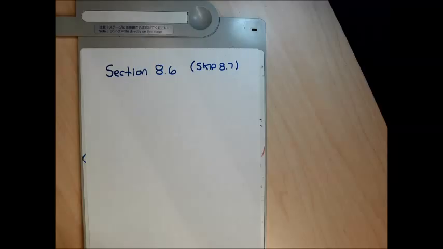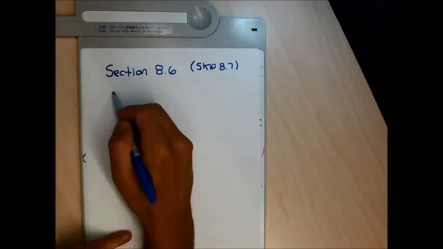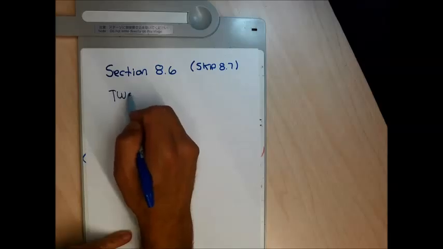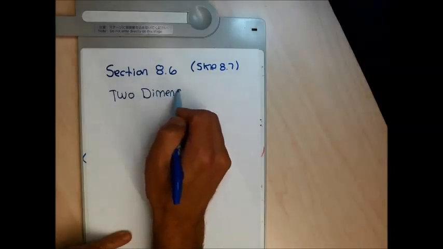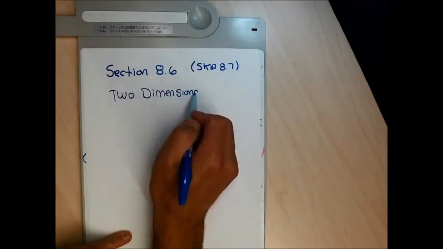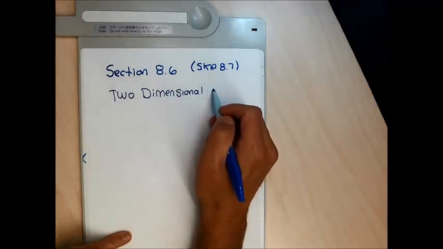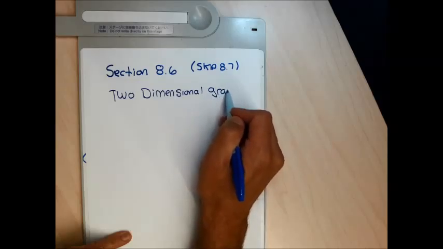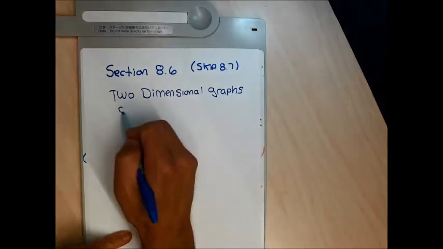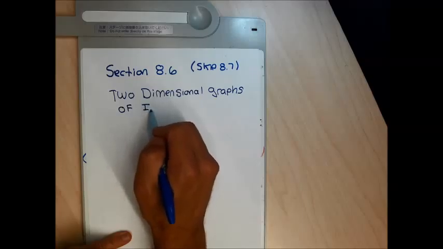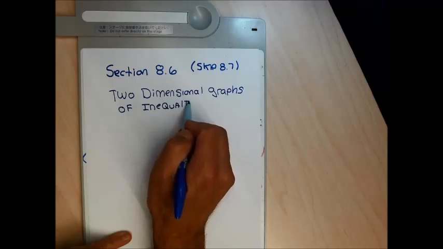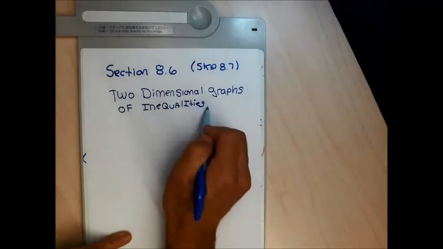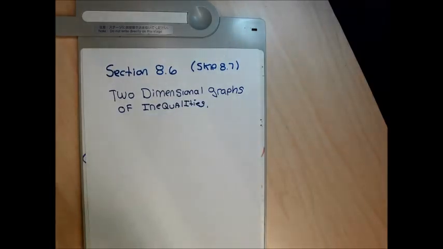And in section 8.6, we're going to be doing two-dimensional graphs, as opposed to number line graphs, of inequalities. Meaning graphing on an XY plane. Probably at some point you did one-dimensional graphs on number lines.